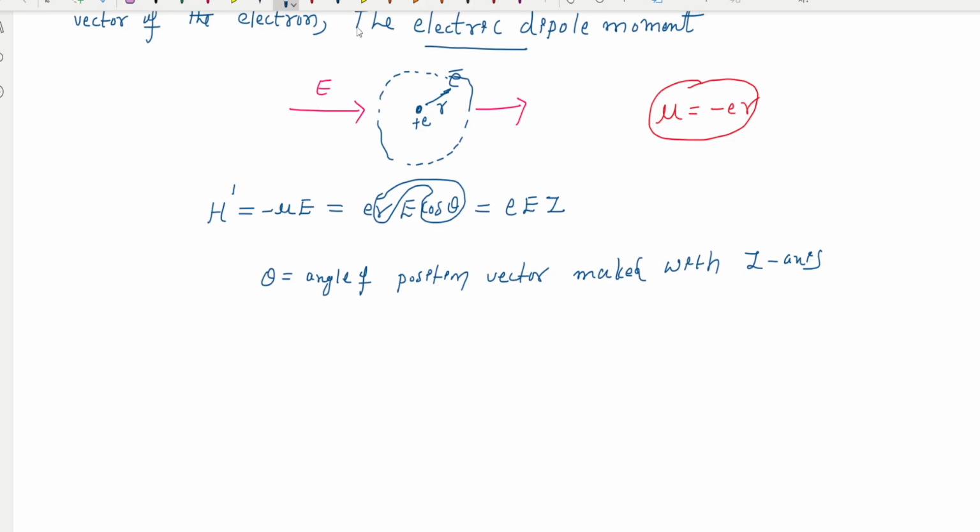In case you remove this electric field, there is no electric dipole moment interacting with the electric field, and there is no generation of additional energy to this electron. In that situation, that is the simple case, hydrogen atom. So I'm going to write that situation first.